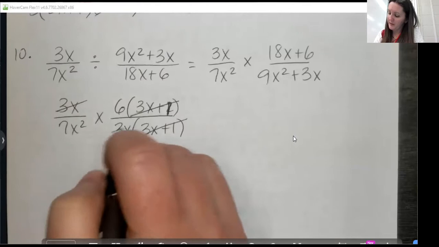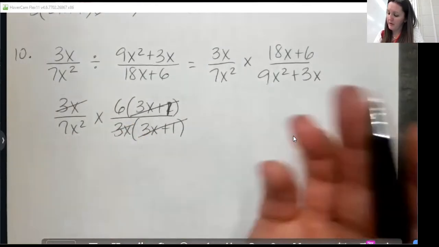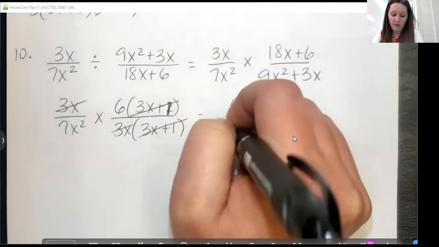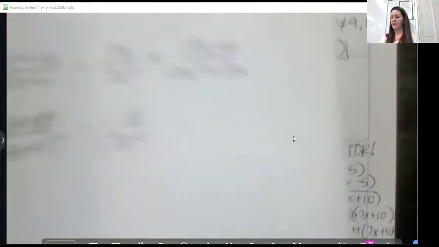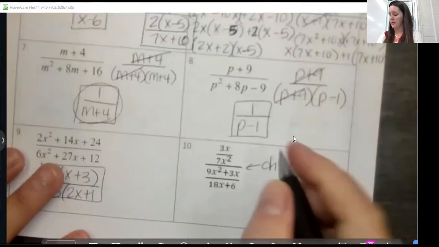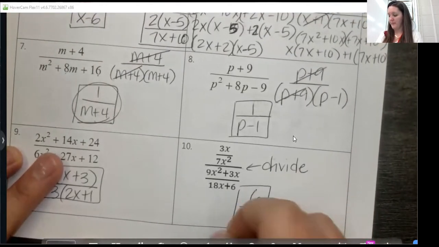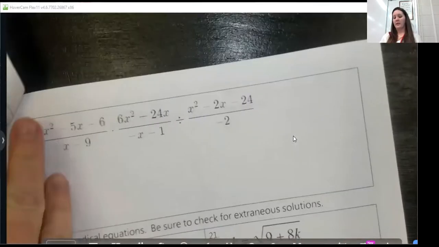I got a 3x and a 3x. I have a 6 and a 7x squared. I don't have another x to cancel, so my answer here is 6 divided by 7x squared. So that's your answer for number 10. Take it one step at a time, okay? Go slow. All right, next page.